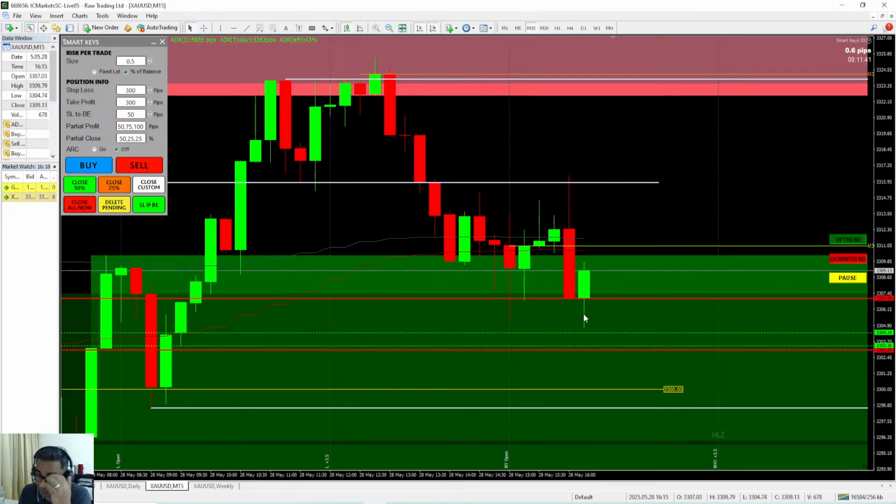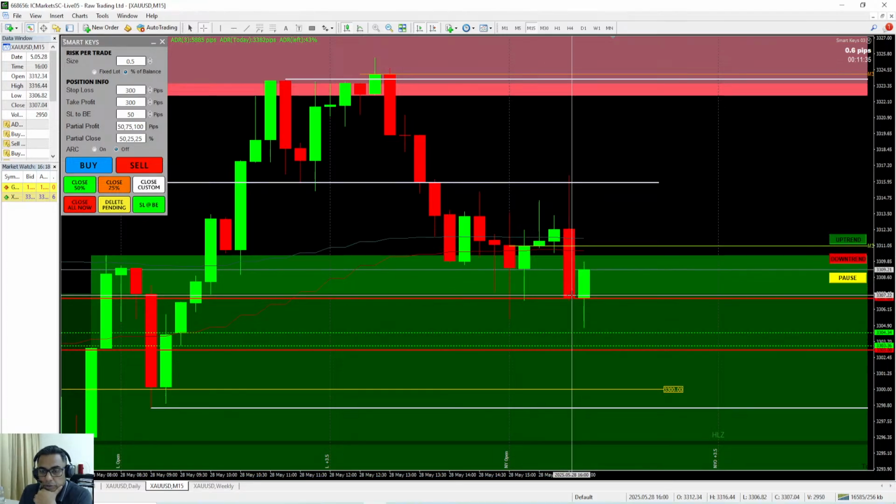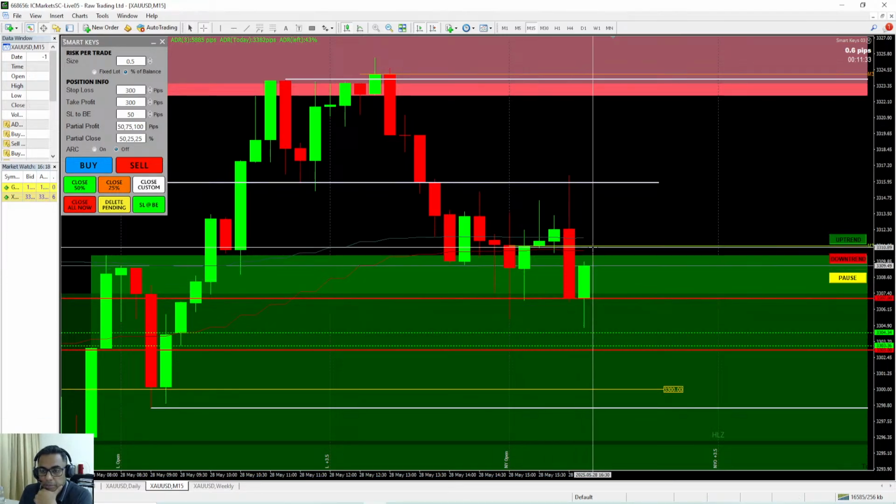No bottom wick, and pushing back up. Back into the range. Closed below the range, now coming back into the range.